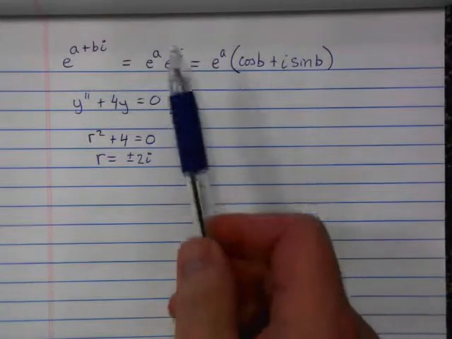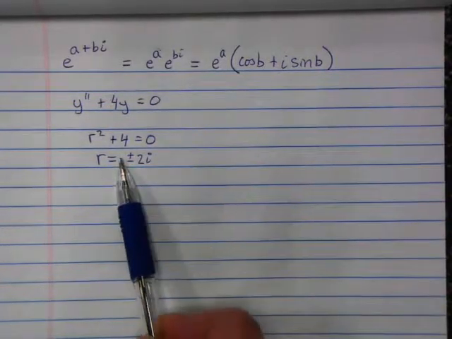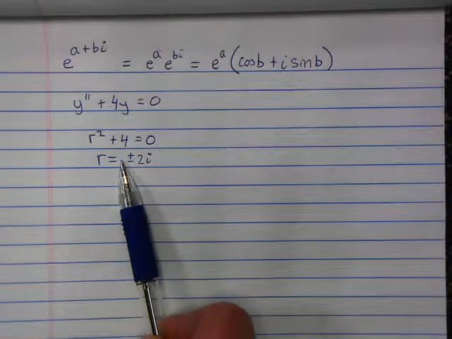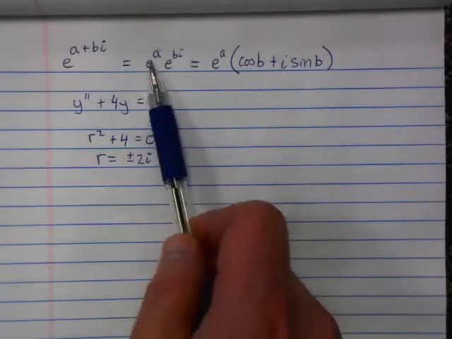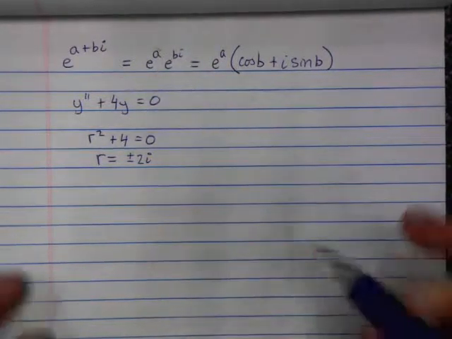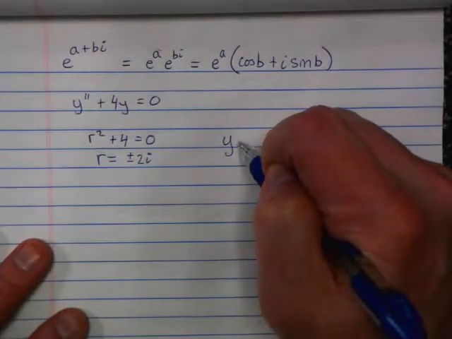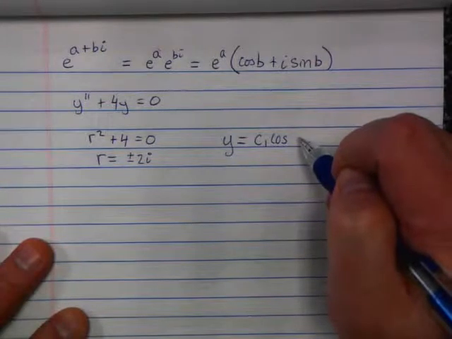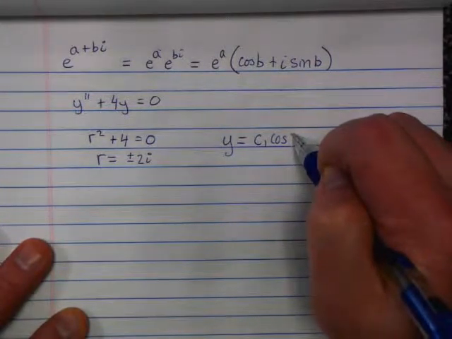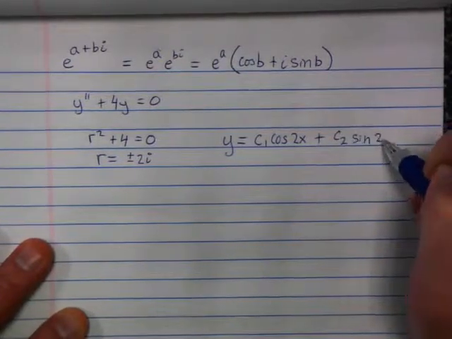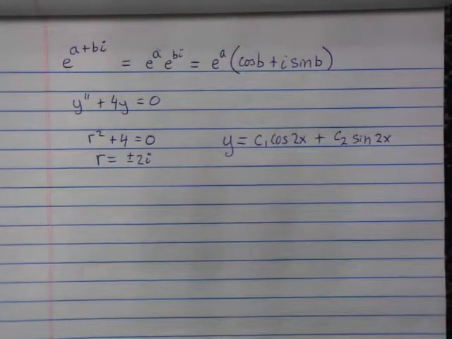In this case, this a here that we're talking about, a is the number 0. So this e to the 0 is going to be just 1. So our solution is y equals c1 cosine 2x plus c2 sine 2x.